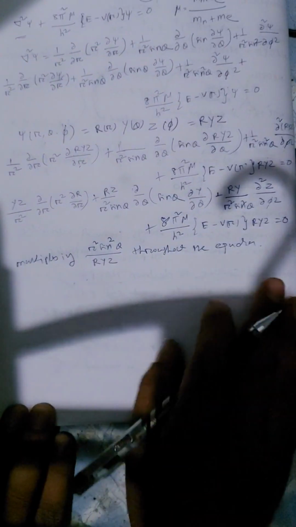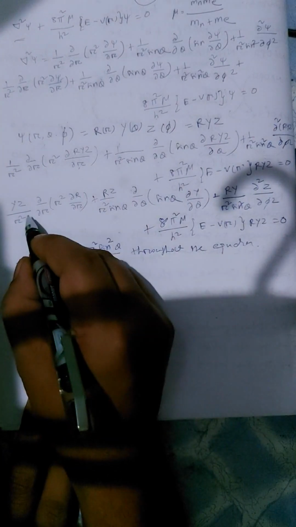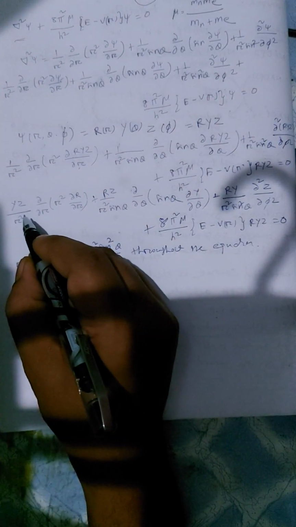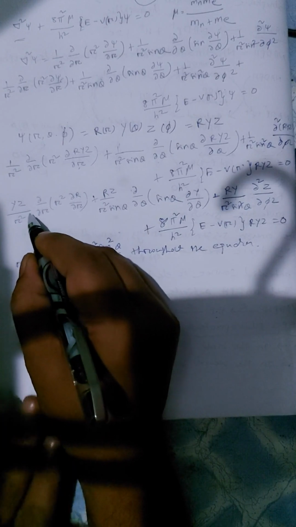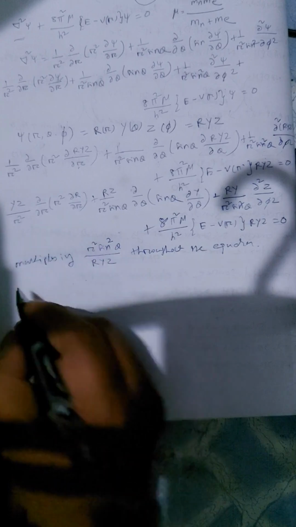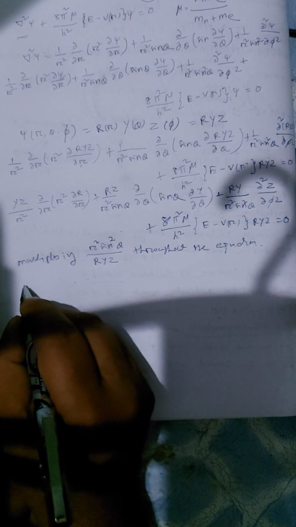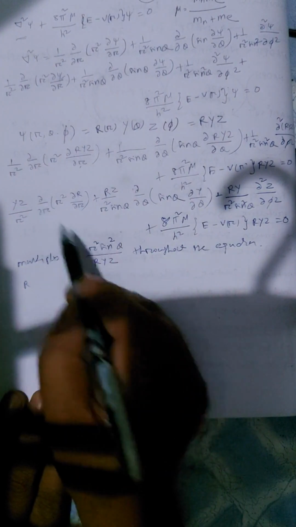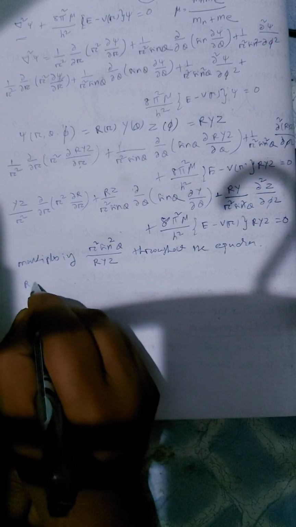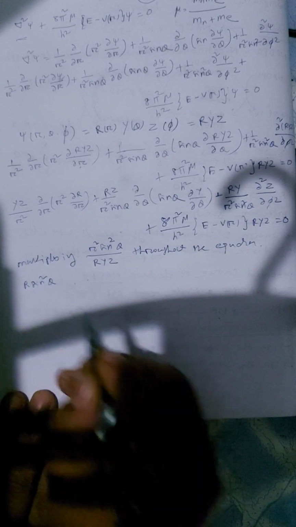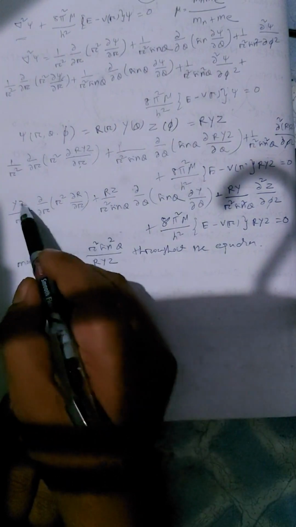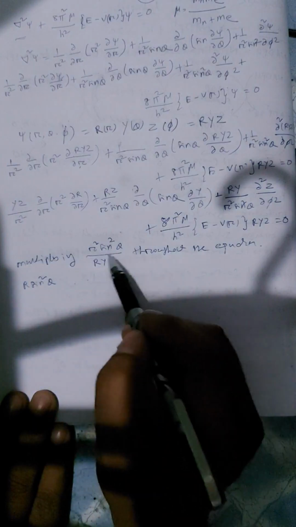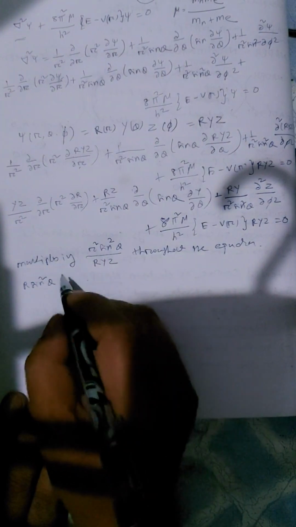What happens? If we multiply here r square sin square theta, then r square is cancelled, sin square theta by RYZ is cancelled, and here R remains. Then in the second term, RYZ multiplied by r square: YZ cancel, R is remaining, r square cancel, sin square theta is remaining.